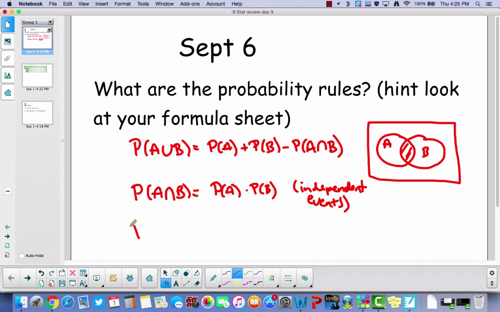The probability of A given B is the probability of A intersect B over the probability of B. Going back to your Venn diagram, the probability of A given B is the things that are in A, given that they're in B. So it's these things here. The total probability is everything that's in B. So that's why that one's there.